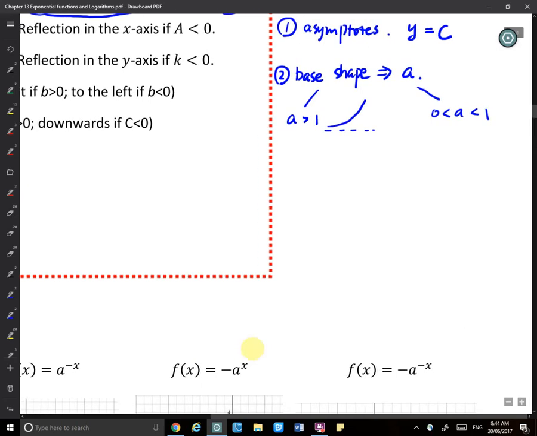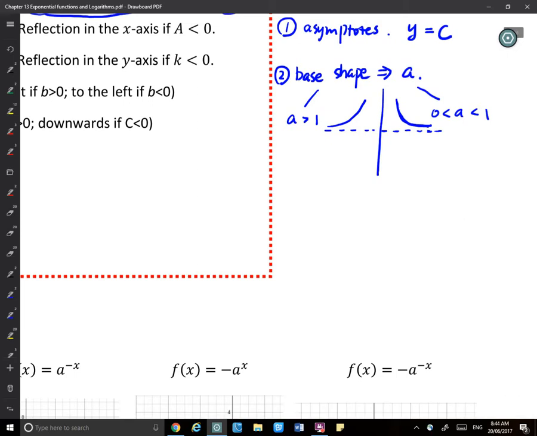When it's between 0 and 1, you have an asymptote here, but it's a decreasing shape. One increasing graph, one decreasing graph. But that's not your final shape. That's only the basic shape, where we start before applying all the transformations.